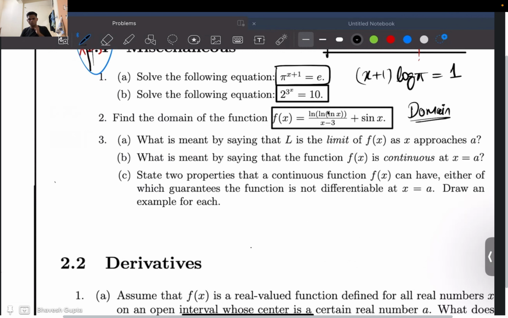And you can see here the domain is determined for various reasons. You have to go from outside to the inside so that you can solve the problem.